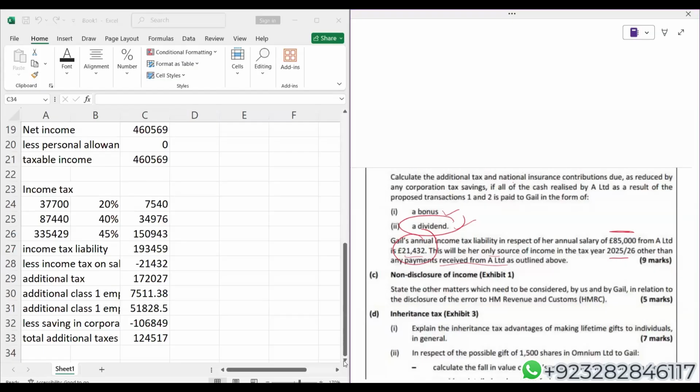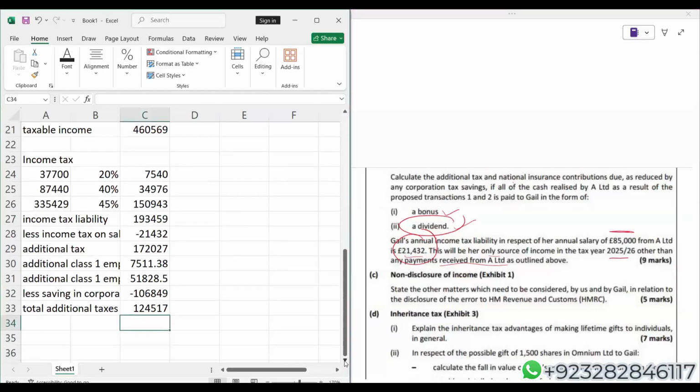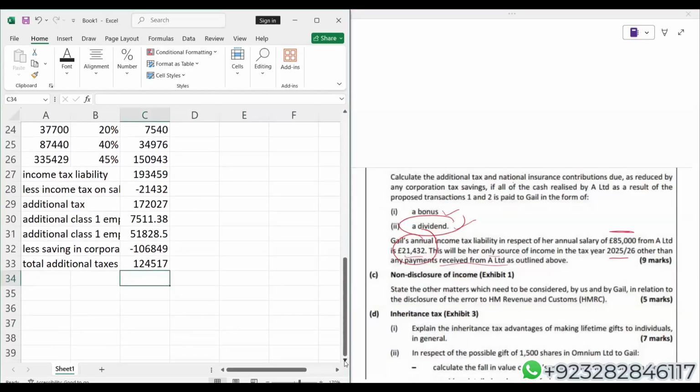But we have to calculate additional income tax of Gail. That will be a bit interesting. Why? Because you have to be very careful when you are applying income tax rates on dividend income, because every individual gets nil rate band of £500 irrespective of their individual tax paying status. And plus applicable rates are also very different and they will be given to you in exam.